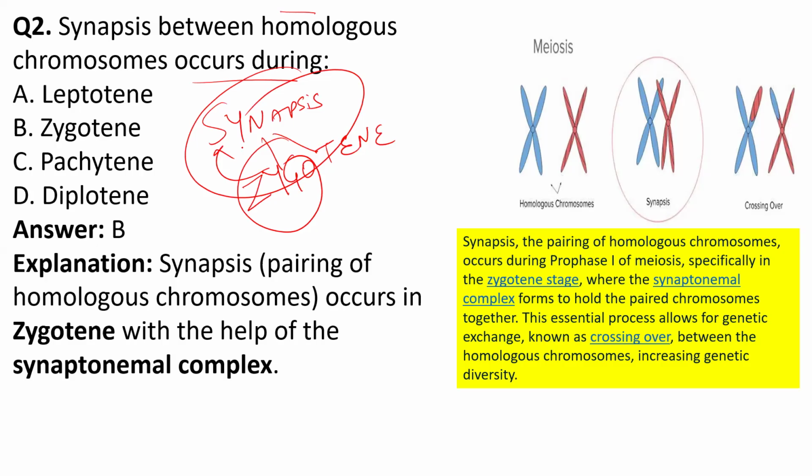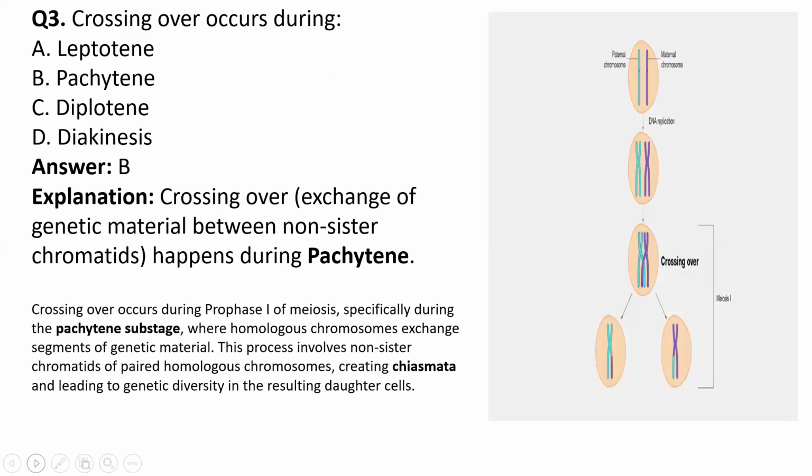So synapsis is the pairing of homologous chromosomes, which occurs during the zygotene stage where the synaptonemal complex arises. The synaptonemal complex is important, as it helps in crossing over in the later stage, Pachytene. So crossing over takes place in Pachytene.